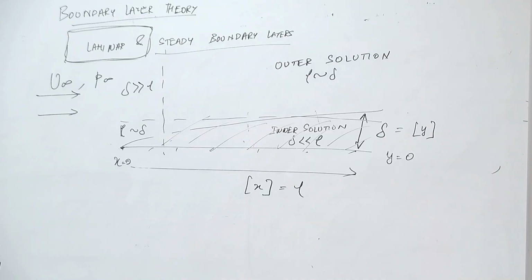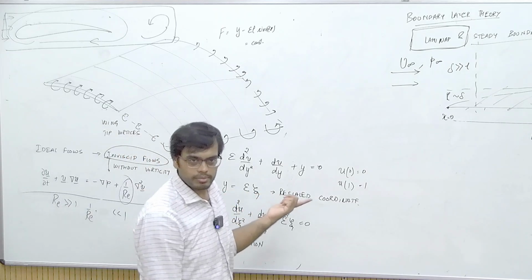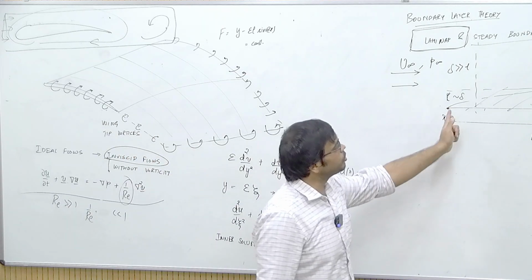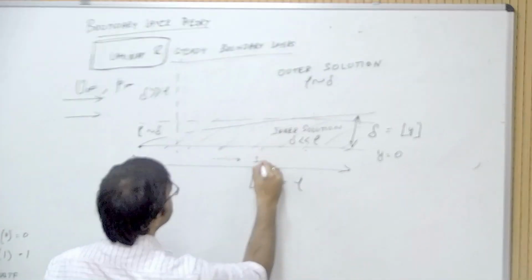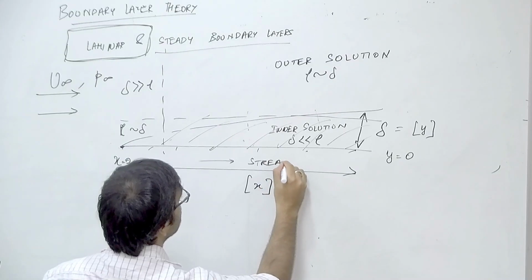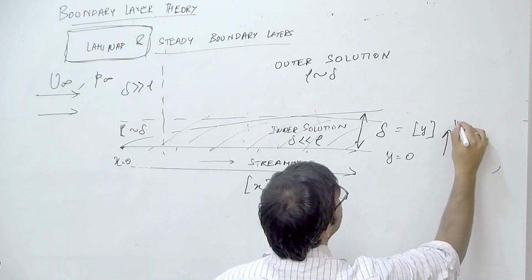We do not rescale both x and y coordinates. Here it was an ODE, so there was no choice to make. This is a PDE in x and y, so there is a choice to make. Which coordinate do you rescale? x and y, you can think of them generally as: do we scale the streamwise coordinate, or do we scale the wall normal coordinate?